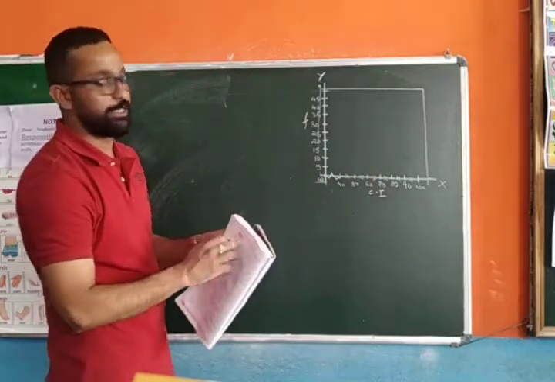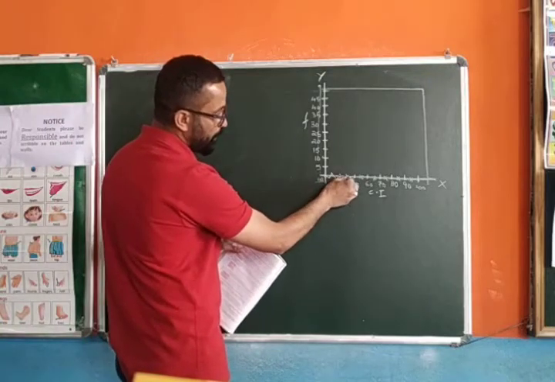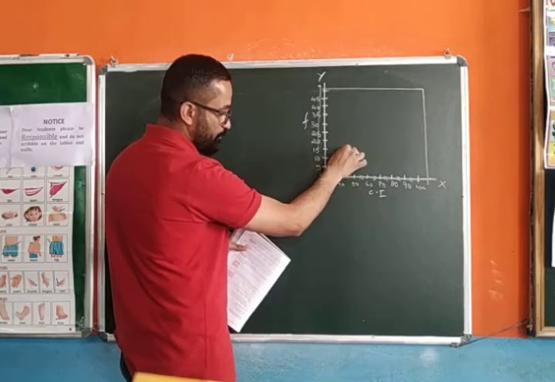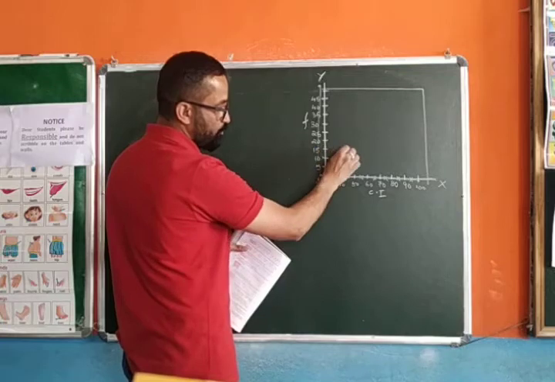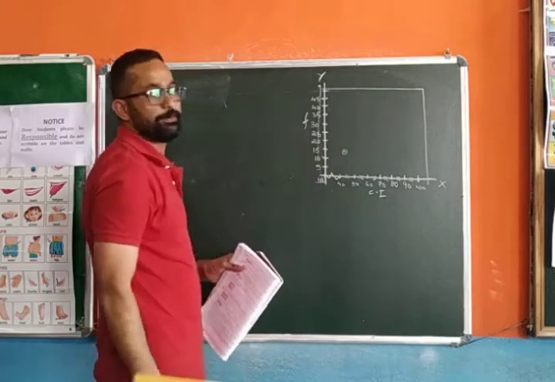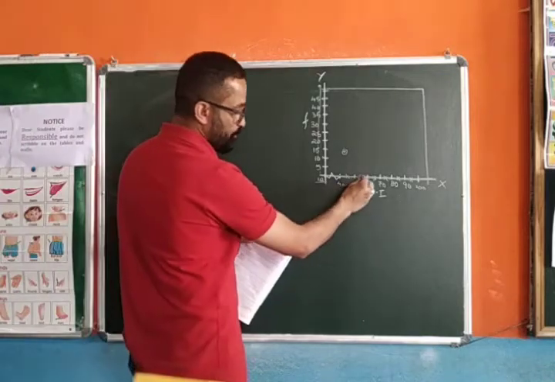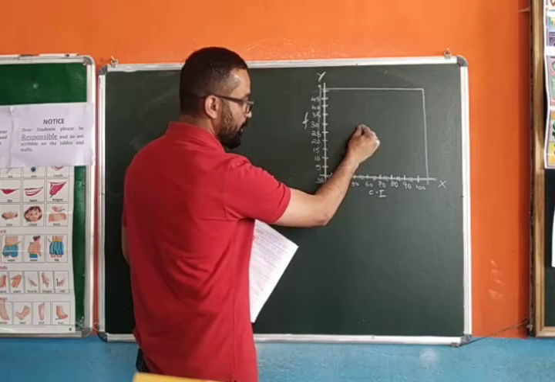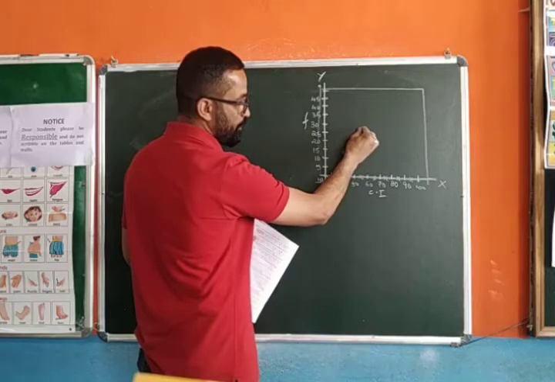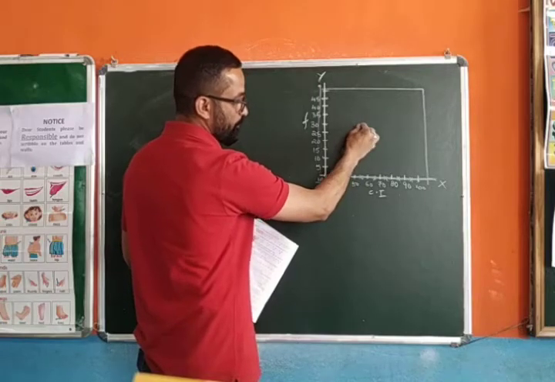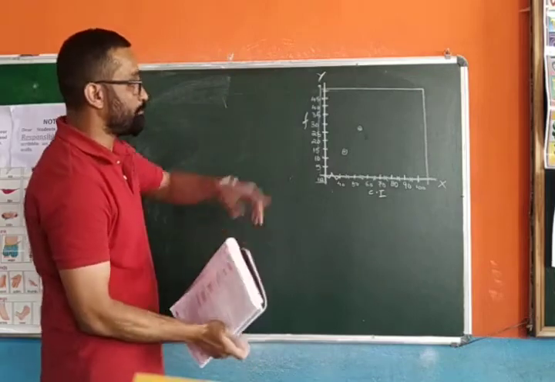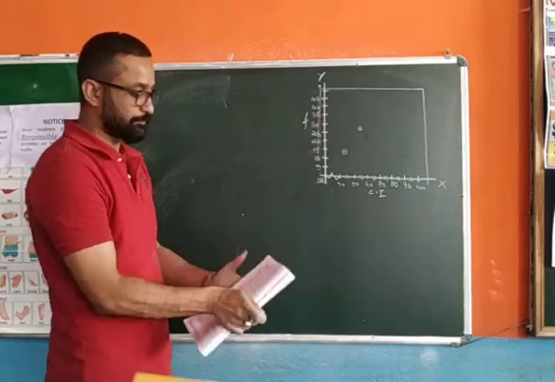First one is 15. So from this marking you go and mark a point here, 15. Compare with y-axis, 15. Second one is 28. So from here you go to 30 and 28 will be two small divisions below 30. You can compare with y-axis.